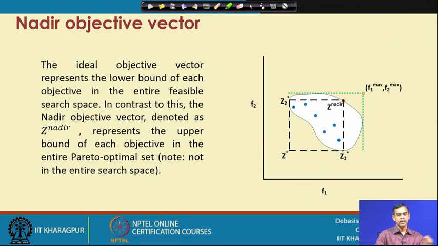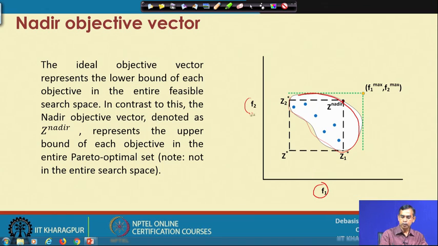Now, we learn about another solution, called the Nadir solution. Let us see what exactly the Nadir solution is. We can explain this concept by means of an example. Say this is the search space with all possible solutions, and both f1 and f2 are to be minimized, for the sake of generality. This is, in our case, the ideal solution.